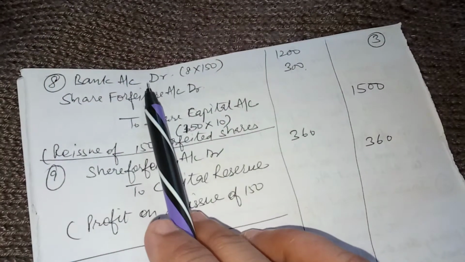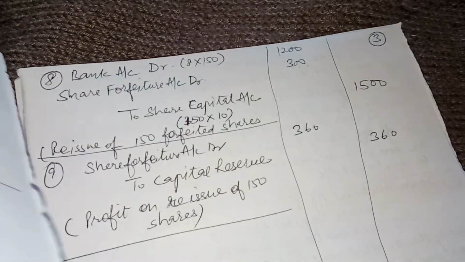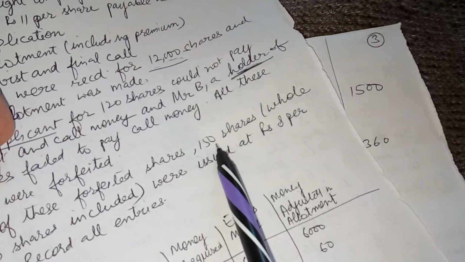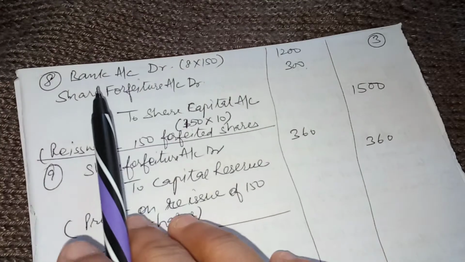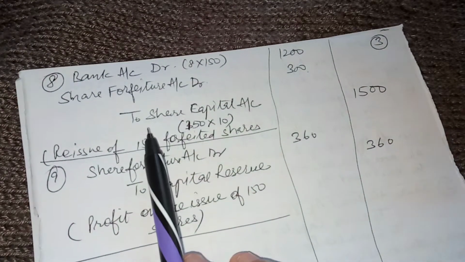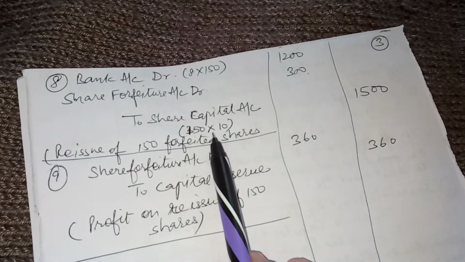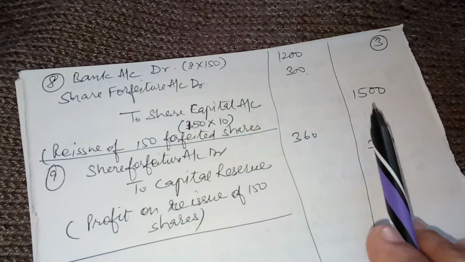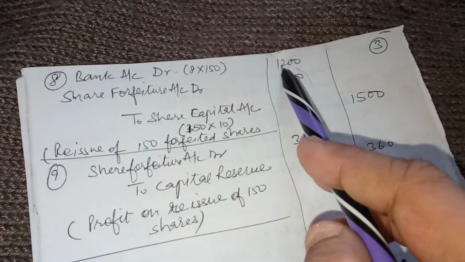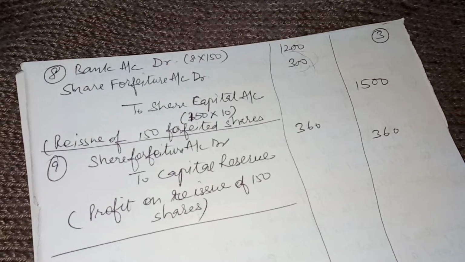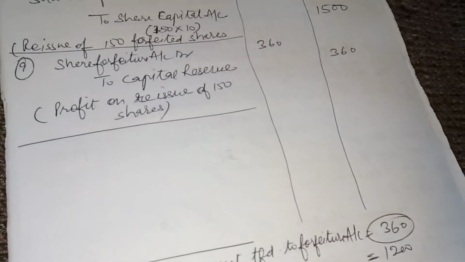Out of these only 150 shares were reissued. So bank account debit 150 into 8, 1200. To share capital 150 into 10, that means 1500, and the difference between both of them will be transferred to share forfeited account.